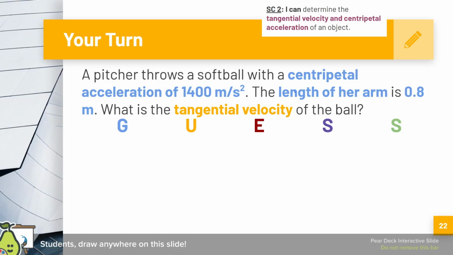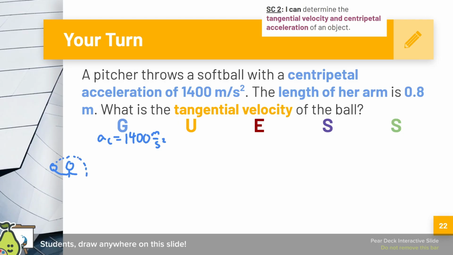All right. So a pitcher throws a softball with a centripetal acceleration of 1,400 meters per second squared. The length of her arm is 0.8 meters. Now, this is a tricky part. So, AC is 1,400 meters per second squared. If we have a person, they're standing here, they are spinning the ball around in a circle.